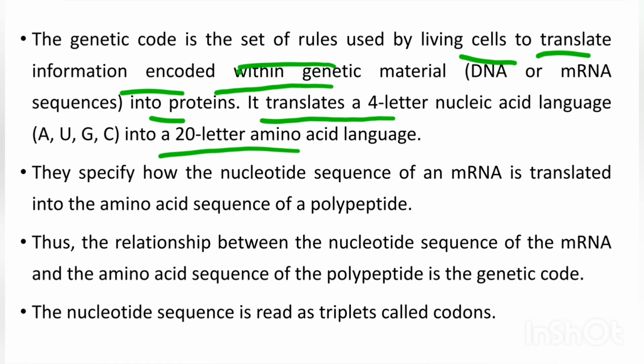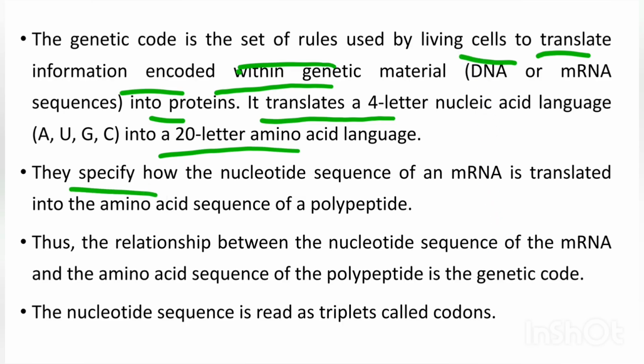There are 4 nucleic acids and 20 different types of amino acids, so the genetic code helps translate the nucleic acid language into the protein language.